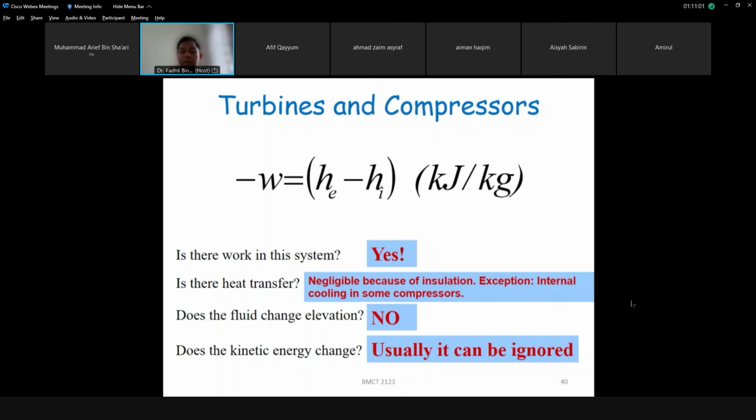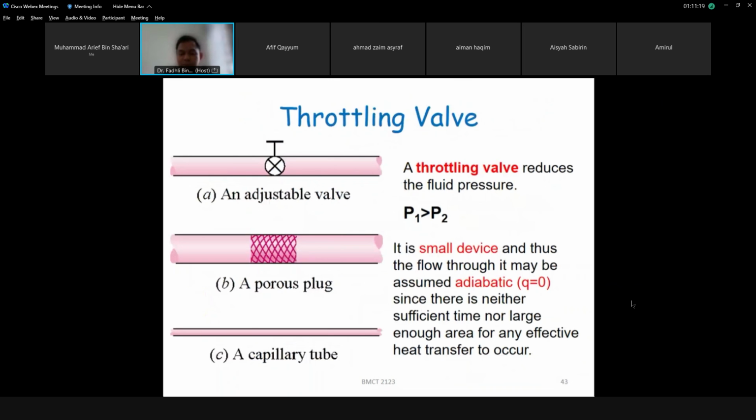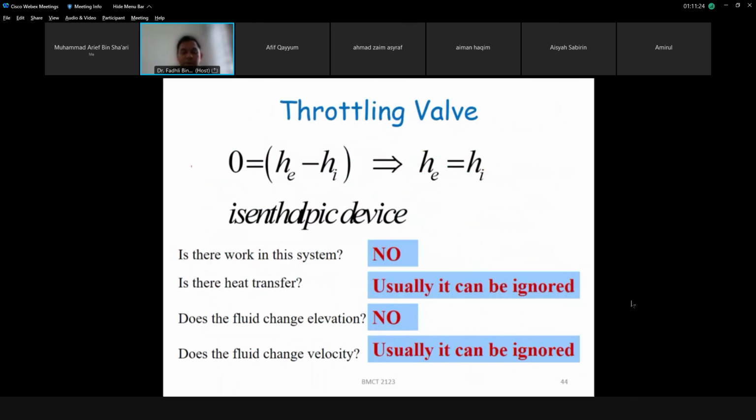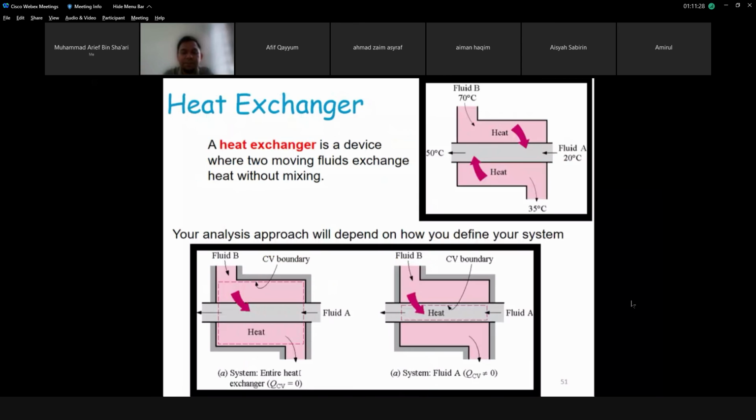You need to read the problem properly in order to do this kind of analysis. Ini dipanggil analysis. You consider one by one, and then you can cancel the not related, or you keep the relevant property. Okay, so throttling valve pun sama, mixing chamber, okay, and heat exchanger.